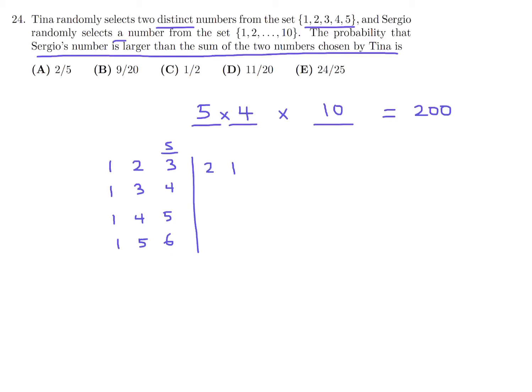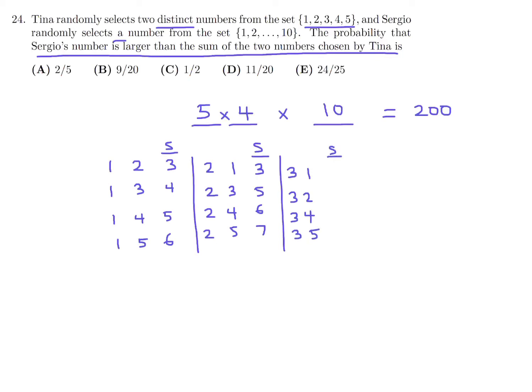Similarly, 2 with 1, 2 with 3, these are her 2 numbers. And the sums will be 3, 5, 6, and 7. All right? And then 3 with 1, 3 with 2, 3 with 4, and 3 with 5.